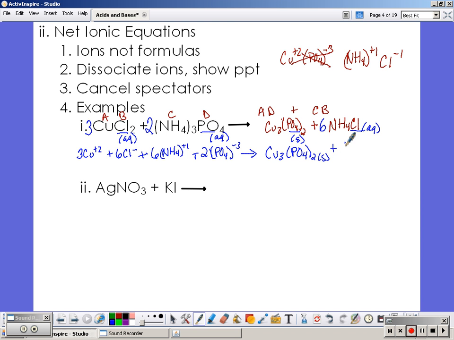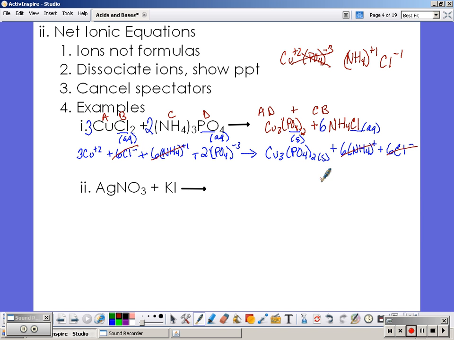6 NH4 plus and 6 Cl minus. So what do I have on both sides that are identical? I have 6 Cl minuses and 6 NH4s.